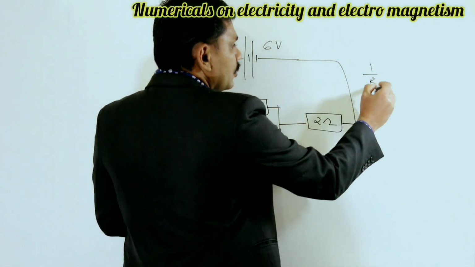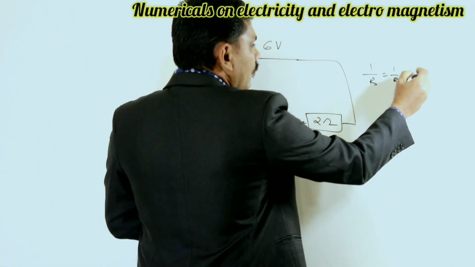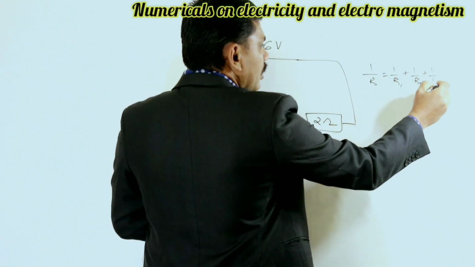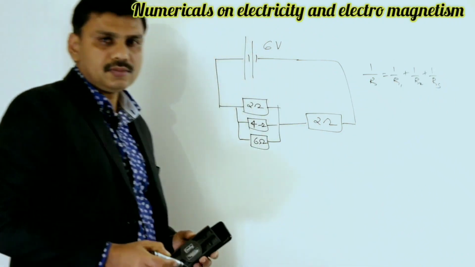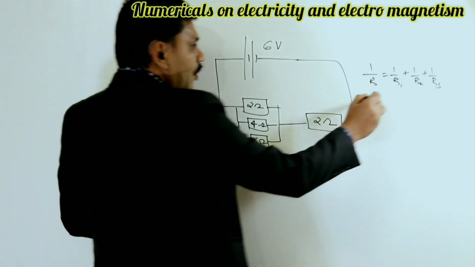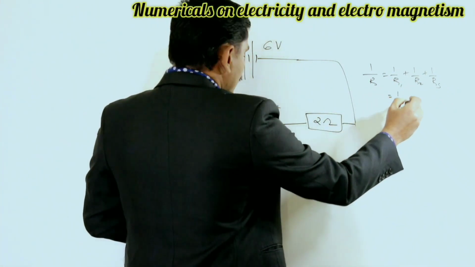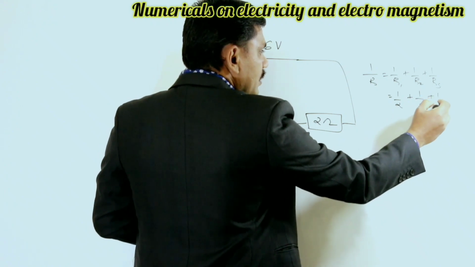1 by R equal to 1 by R1 plus 1 by R2 plus 1 by R3. That is 1 by 2 plus 1 by 4 plus 1 by 6.